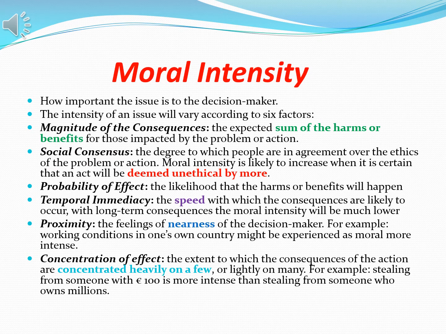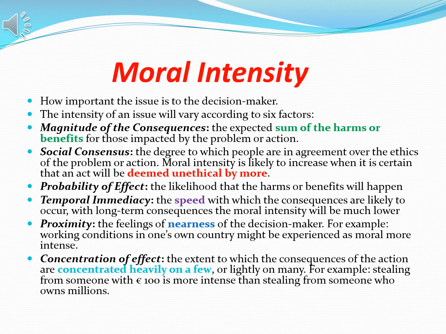Moral intensity, like I told you in the previous slide, is how important the issue is to the decision makers. The intensity of an issue will vary according to six factors. First, magnitude of consequences: the expected sum of the harms or benefits for those impacted by the problem or action.